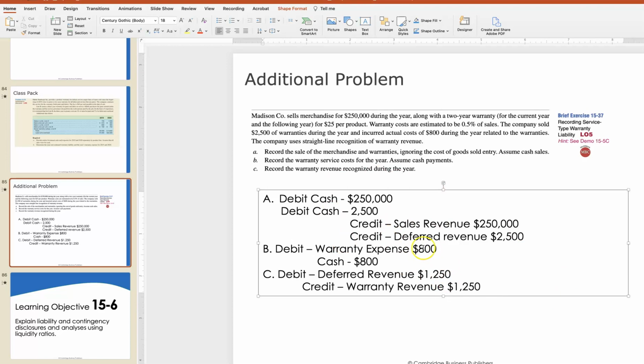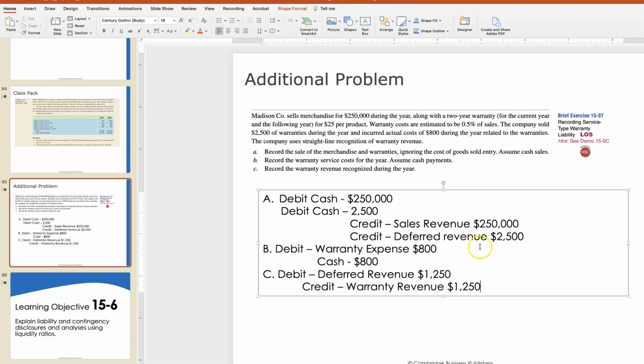Why is this okay? Why did we not have to incur a liability? Because we're going to always record the expenses as they occur, and then we'll record the revenue as it vests, right? So we've got revenue of $1,250, we have expenses of $800.